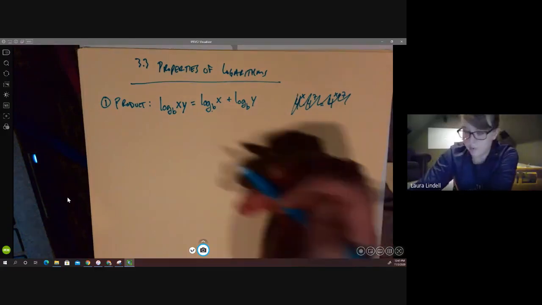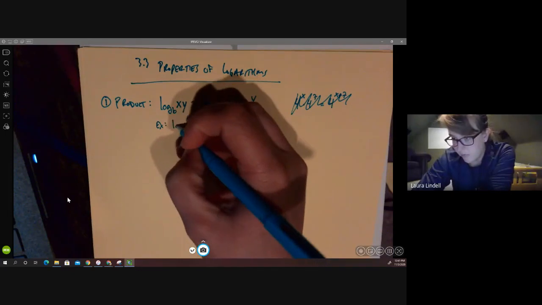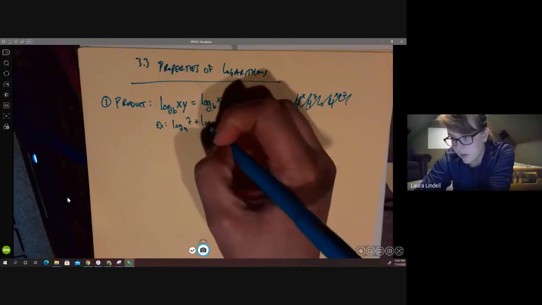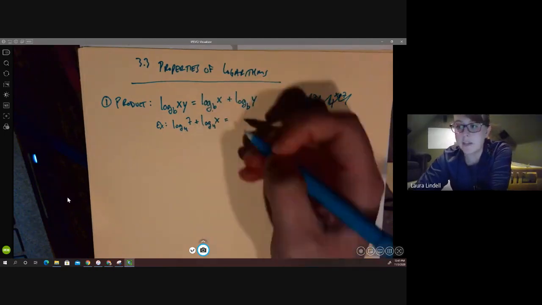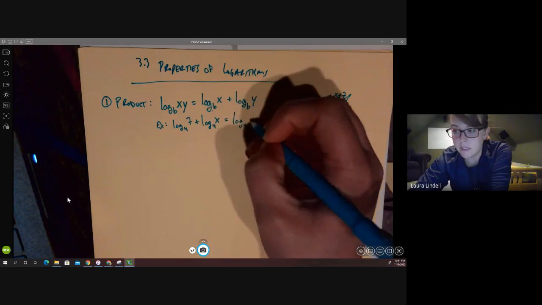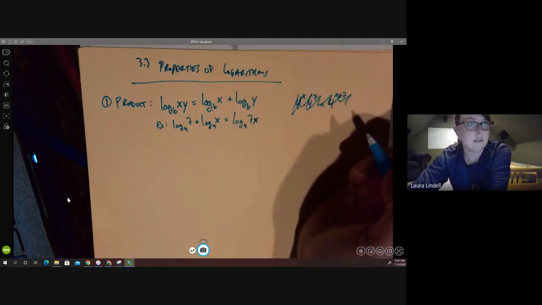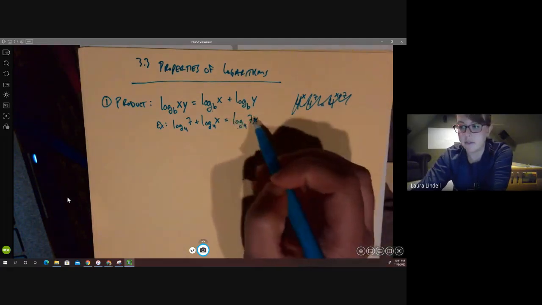So for example, here if we had log base 4 of 7 plus log base 4 of x, I could combine these into log base 4 of 7x. So if I was going to combine logs, I could do it like this.